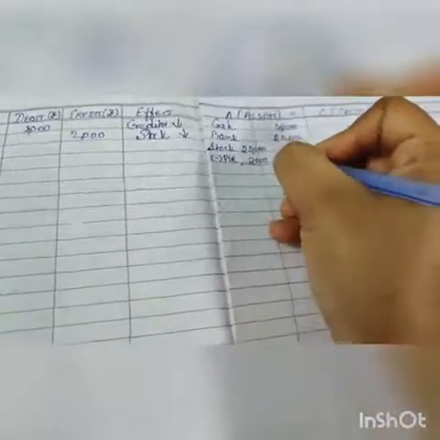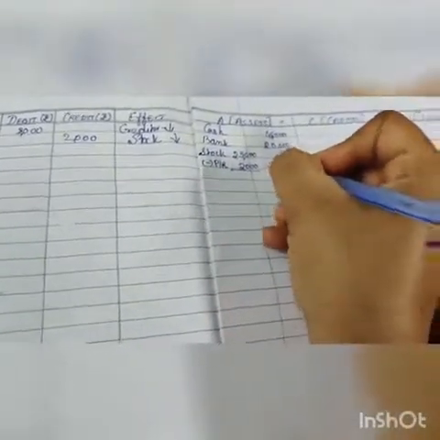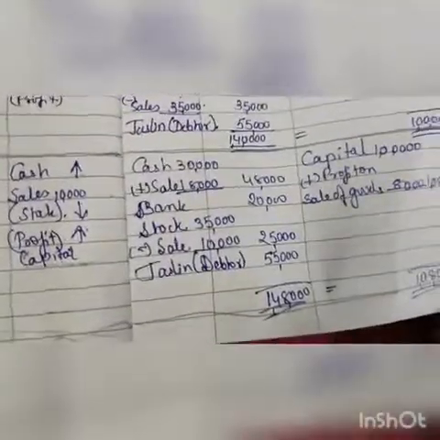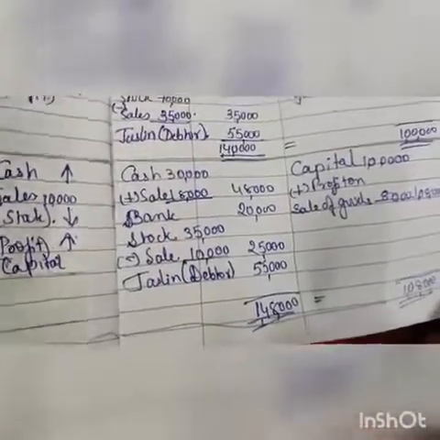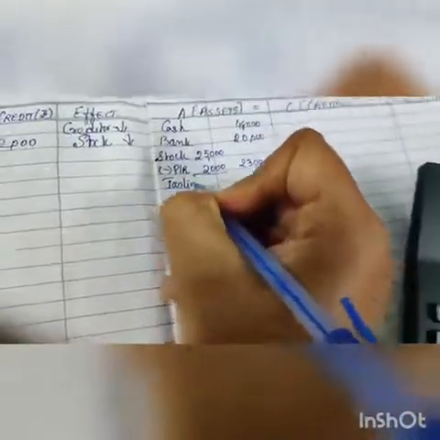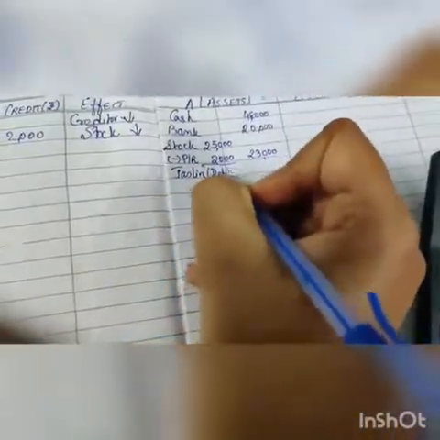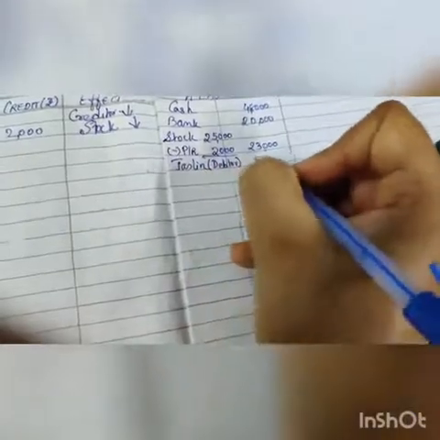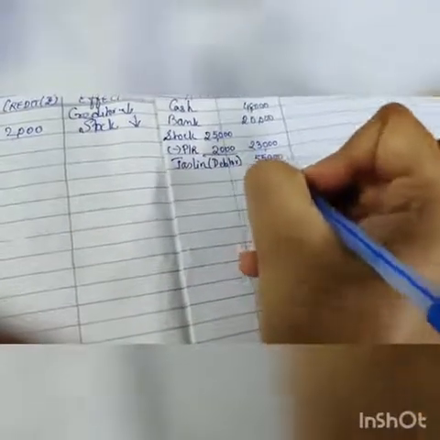So what you will get? You will get stock of rupees 23,000. Clear? Then what is there after stock? So Jasleen is there. Jasleen is a debtor, 55,000. So here we will write down Jasleen debtor 55,000. Clear? This we will write down.